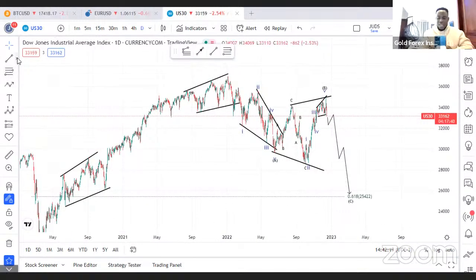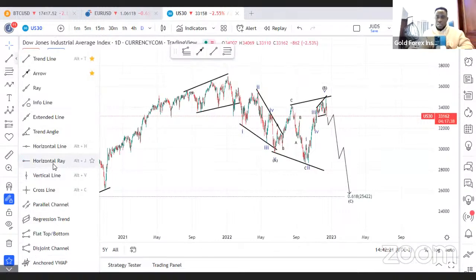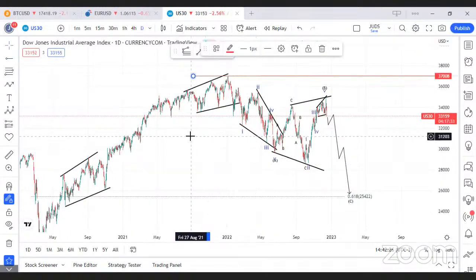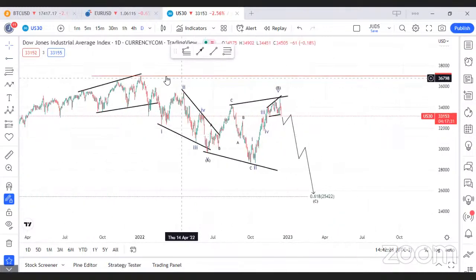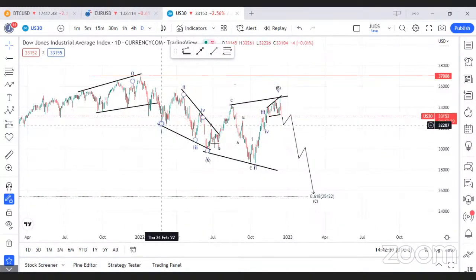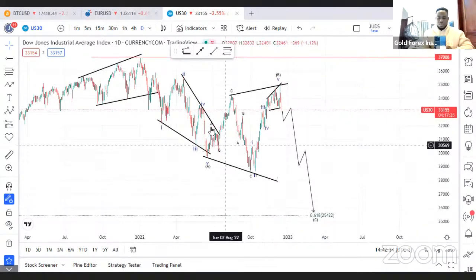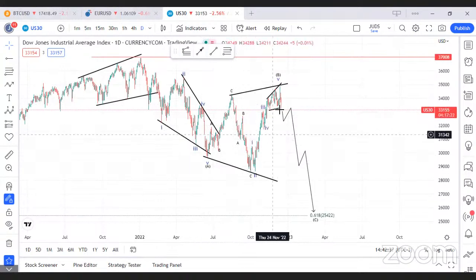It's forming a zigzag pattern, a complex zigzag kind of. Exactly. So the first phase of the correction, we had a leading diagonal, and then an expanding flat.